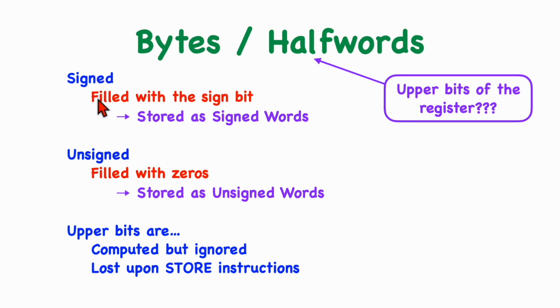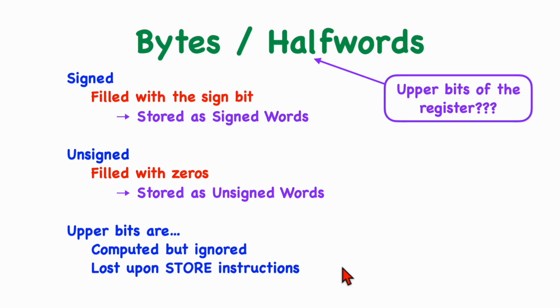If it's a signed value, the upper bits in the register would be filled with copies of the sign bit, whereas if it's an unsigned value, the extra bits in the register would be filled with zeros. So as we do our computation, these upper bits are computed, but they're ignored. And so when, for example, you go to store your computed result into memory, if it's a byte-sized value, you would just store 1 byte into memory, and the upper bits would just be ignored.